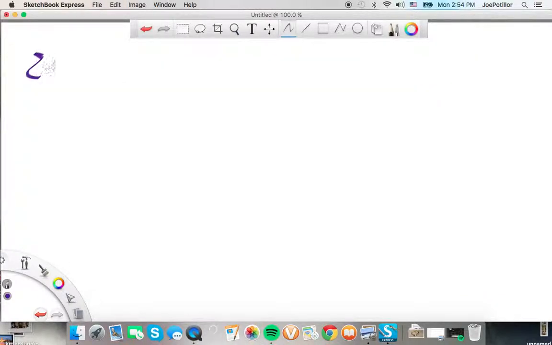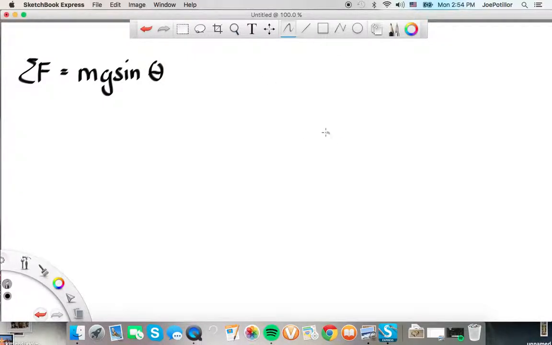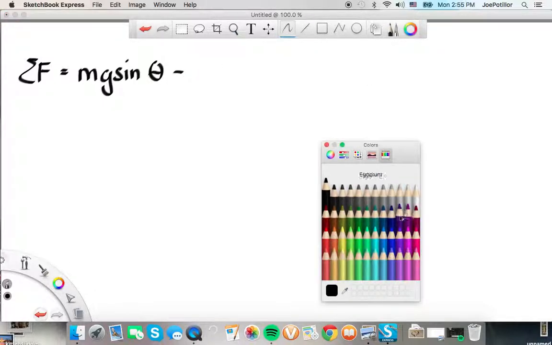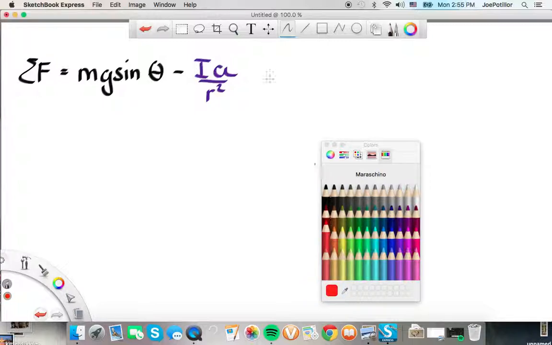Sum of forces equals mg sine of theta minus tension, which we just found to be I a divided by r squared, and of course minus the coefficient of friction, mu, mg cosine of theta.